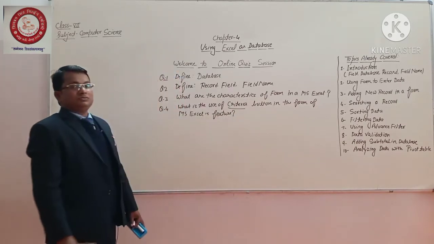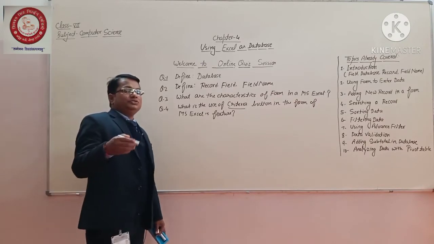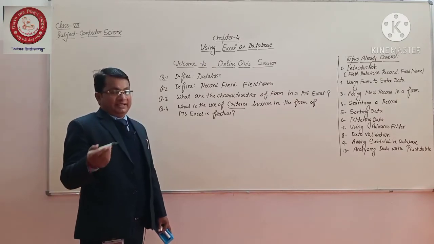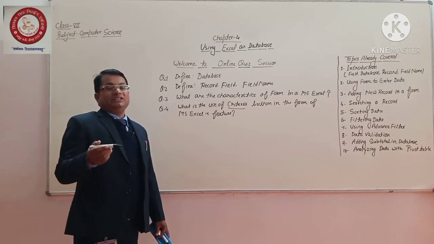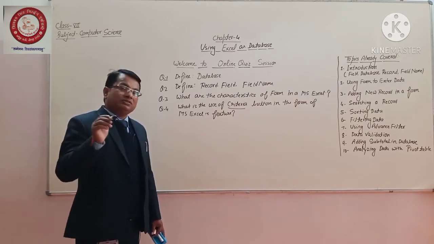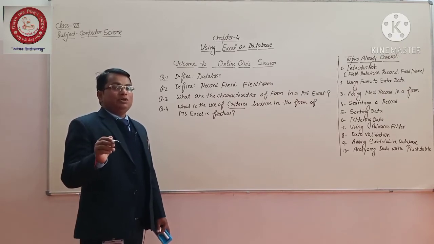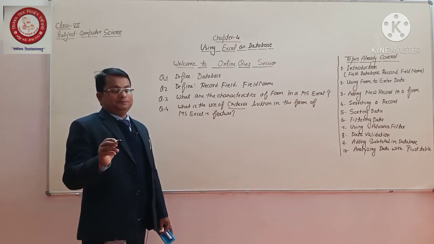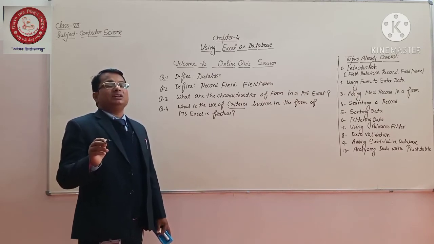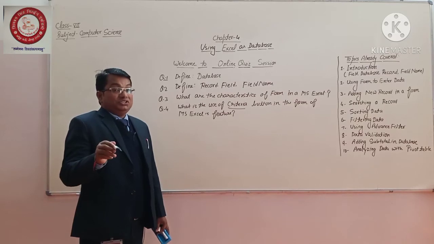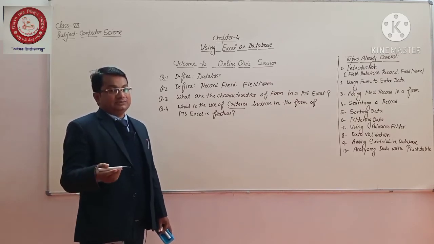These questions say that when you use your form, at that time there is one button available on that form. The name of that button is criteria. You have to give the use. What is the use of that button?